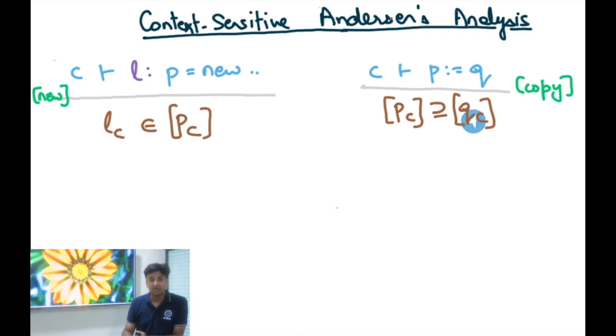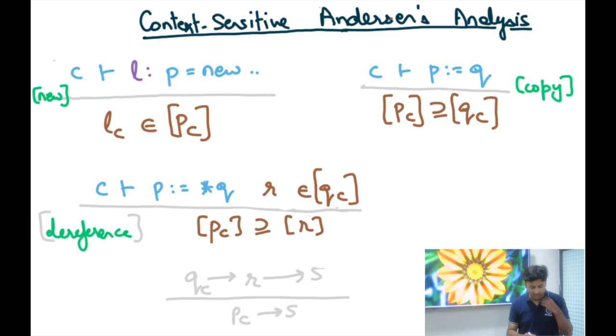Now notice that I'm using the subscript C on both sides. So for example, if there was another context D in which this was happening, then nothing gets changed or read from the values QD and PD. So whatever QC can point to, now PC can also point to, and that's what the conclusion of this inference rule indicates.